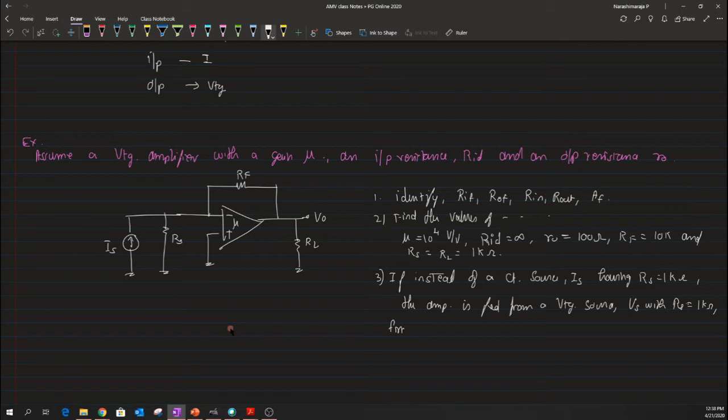So we need to find the expression and the value of the voltage gain, which is the closed loop gain, which is V naught by Vs. Okay, yeah. So let us try to address each of these things right now.